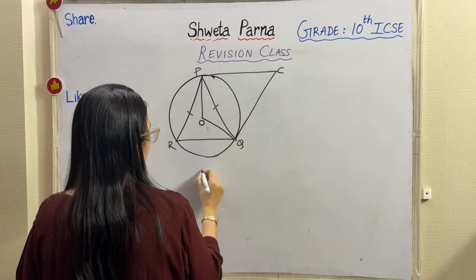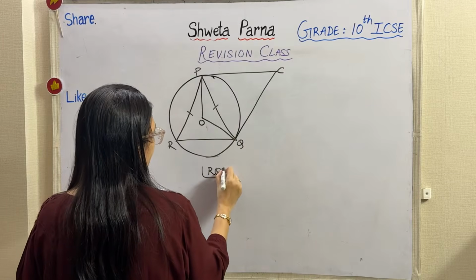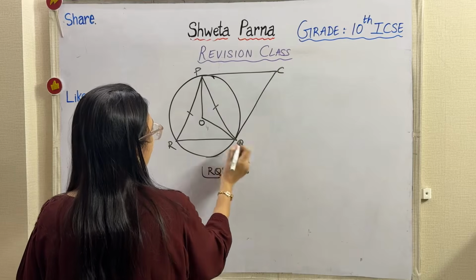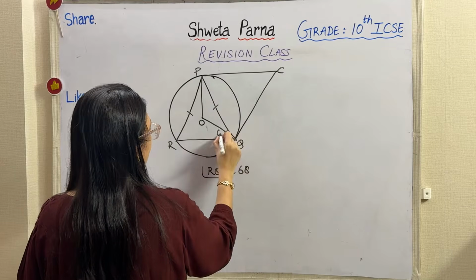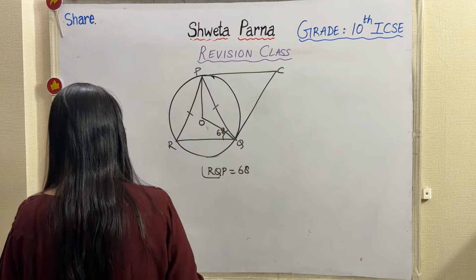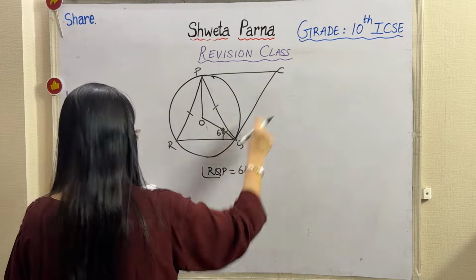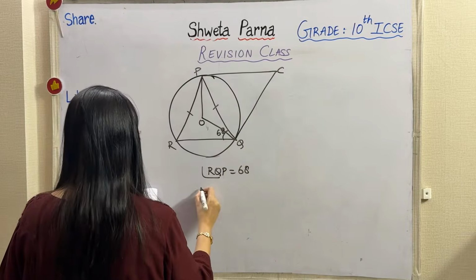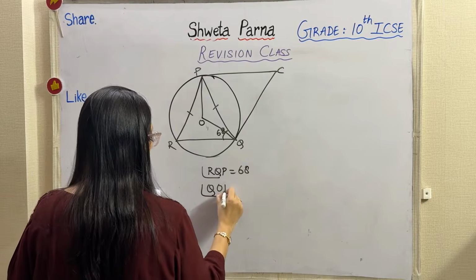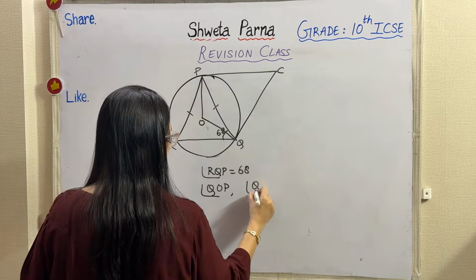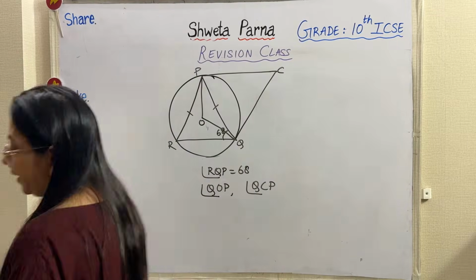This entire angle RQP is given as 68 degree. PC and CQ are the tangents. You have to find the value of QOP and QCP. Come on, find it.